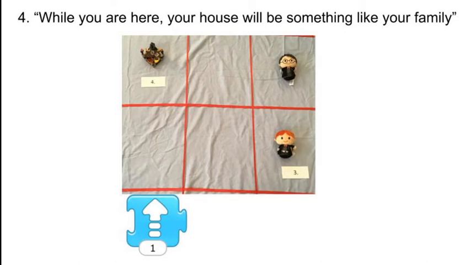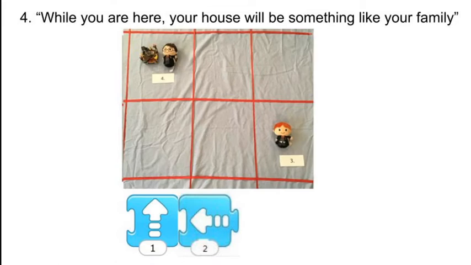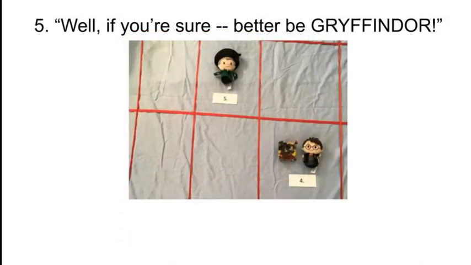So we need to change the number on the left block to a 2 so that he can move 2 spaces. And there he is. He's all set to be sorted. Let's hope he doesn't get put in Slytherin. Oh, thank goodness. He's in Gryffindor.